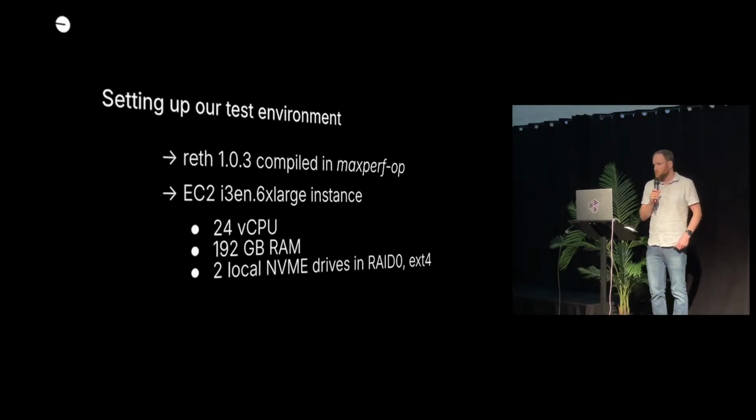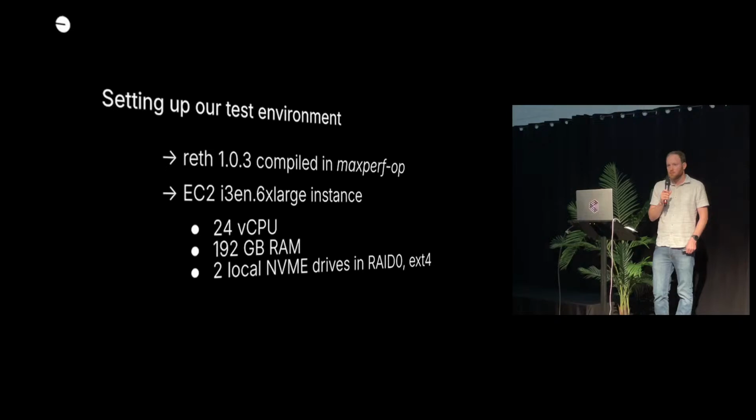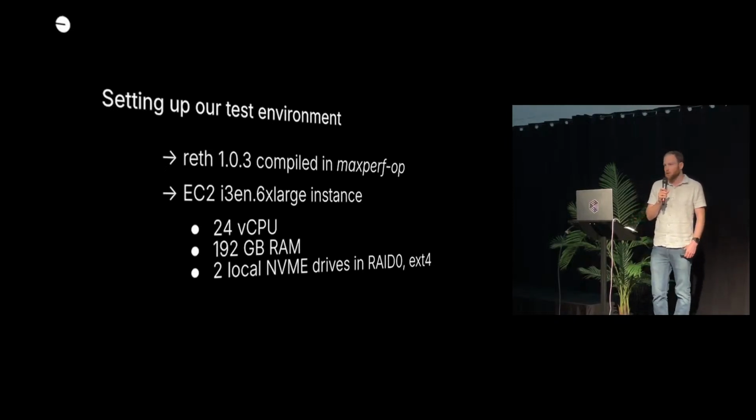So we wanted to create a standard test environment here. We ran all these benchmarks in Reth 1.0.3, which I realize is a little bit behind the current version now. And this is the OP version, of course. And we chose fairly commodity hardware that anyone can spin up today on EC2.